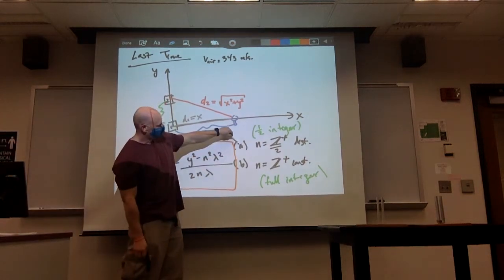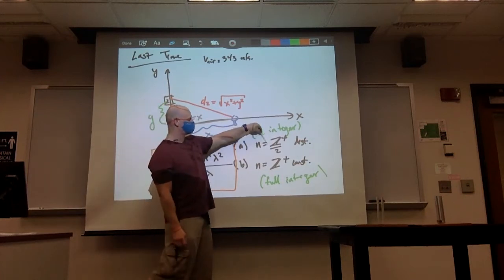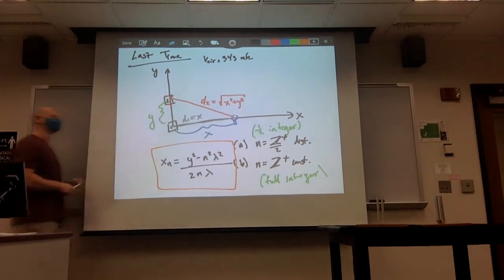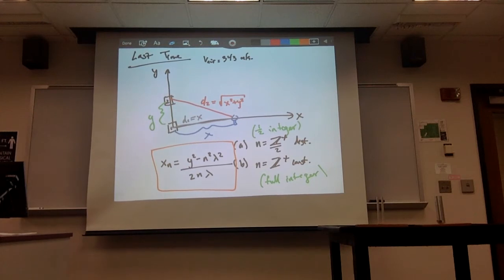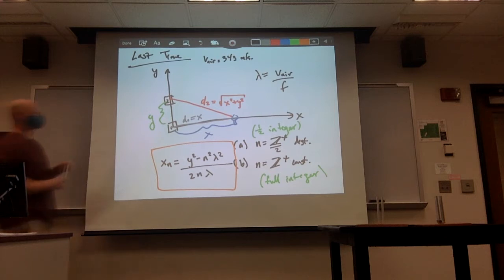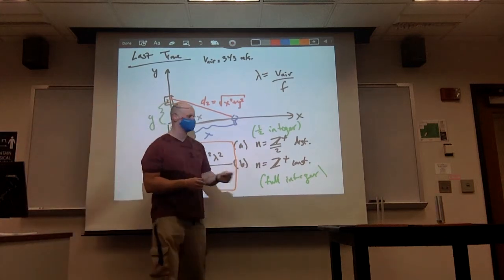Again, for part A, we want to look for destructive interference, which means that n has to be a half integer multiple of the wavelength. And remember here, we know the velocity and we know the frequency, so the wavelength is simply equal to the velocity in air divided by the frequency. For part B, we want to look for all the locations of constructive interference, which means we're going to choose n to be simply an integer.